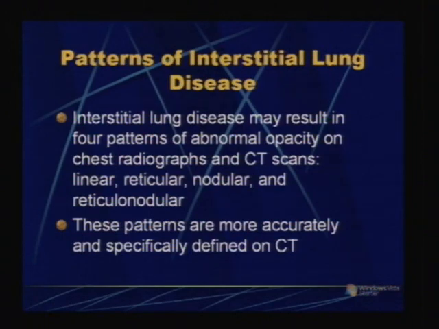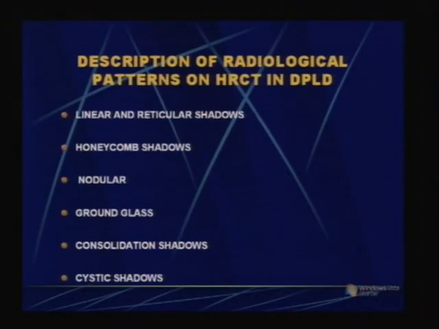Now, what are the different ways these interstitial lung diseases present on X-rays? There are different patterns depending upon the site of the disease involvement. The involvement could be linear, reticular, honeycomb.